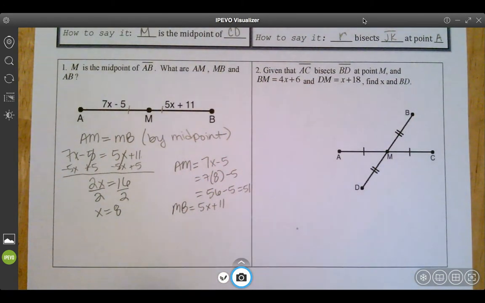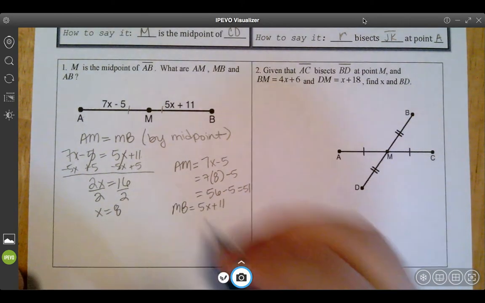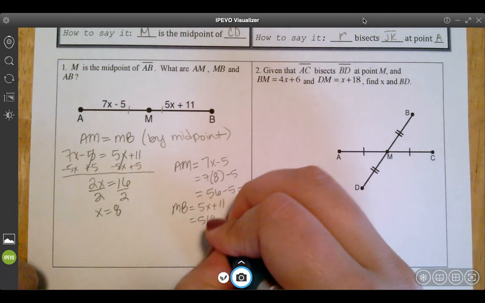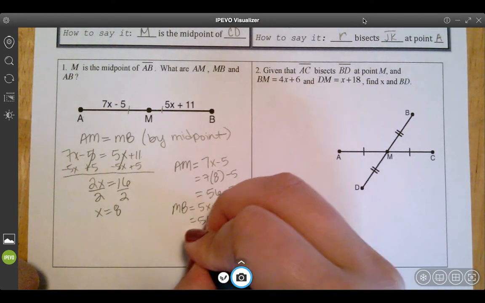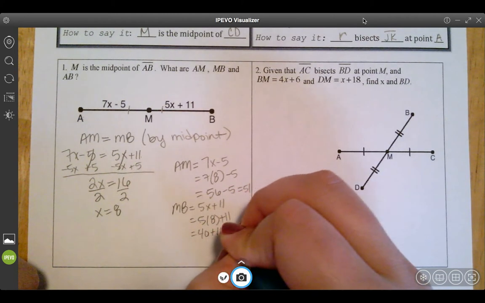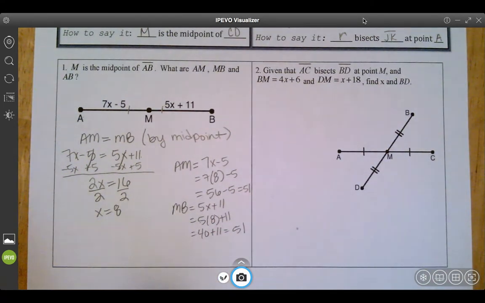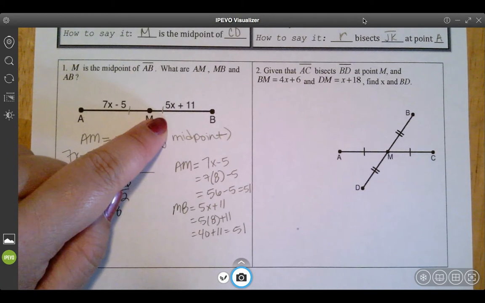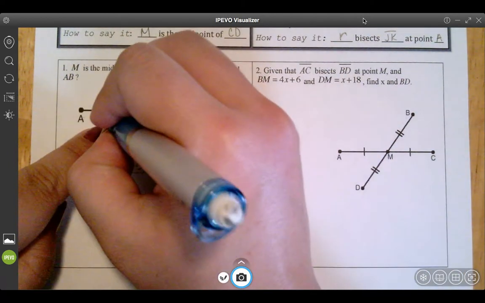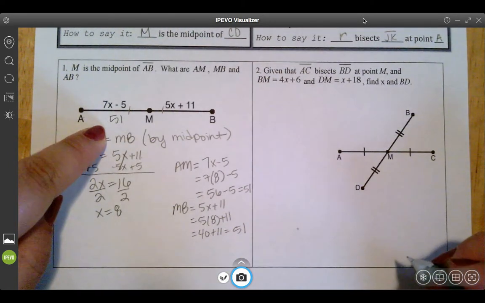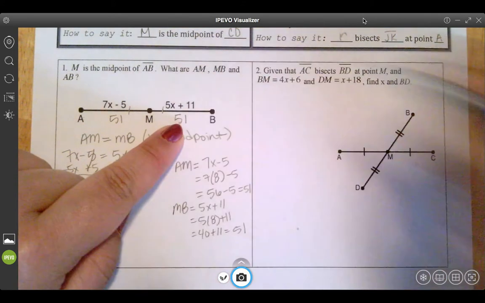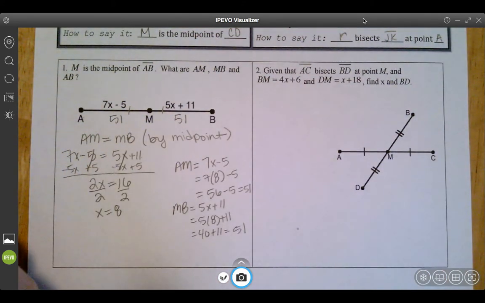Now there's two ways to find this. We can still do substitution. 5 times 8 plus 11, that's 40 plus 11, which is 51. Or you can say, hey, weren't those two segments congruent? So if this one is 51, then this one also has to be 51. Okay, so two different ways we can find that.